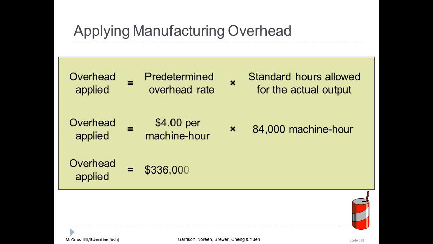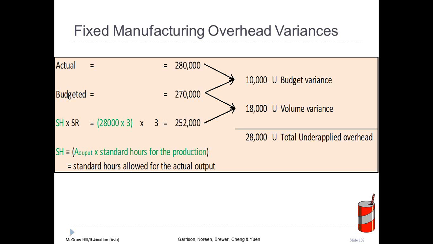The volume variance calculated therefore is $18,000 unfavorable. The total fixed manufacturing overhead variance, $28,000 unfavorable, represents the total underapplied fixed manufacturing overhead, as the total applied overhead is less than the actual expense.